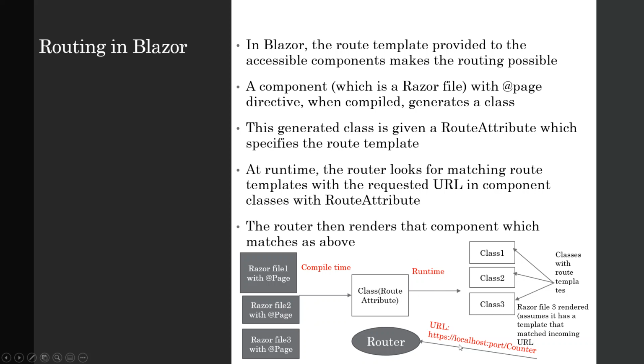At runtime, it gets the request from the user for a particular route, say https://localhost:port/counter. This is the user-requested URL. This URL will be matched with the various classes with route templates. Here I am assuming Razor file 3 is rendered, as it has the template that matches the incoming URL.